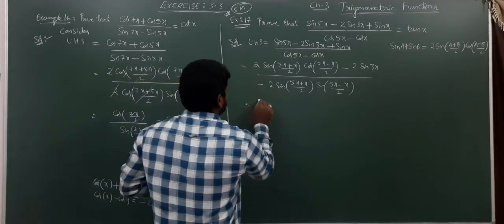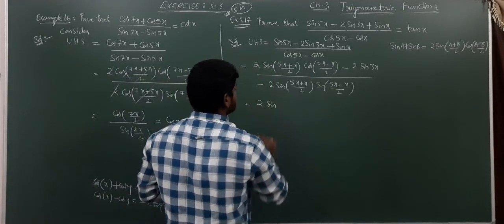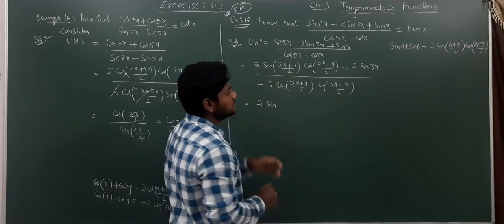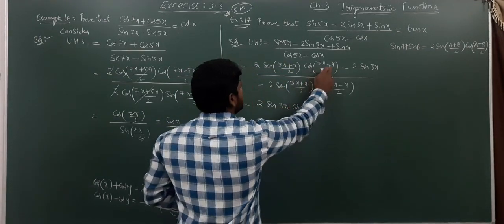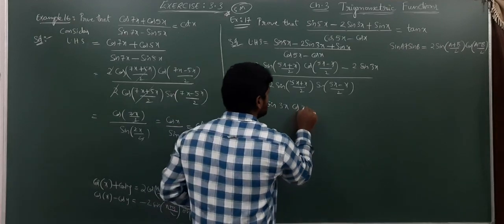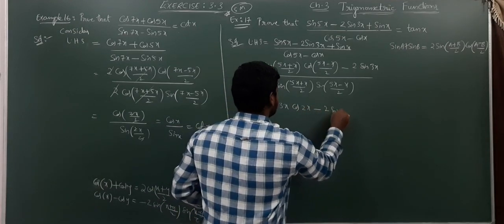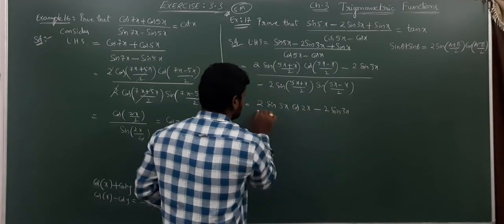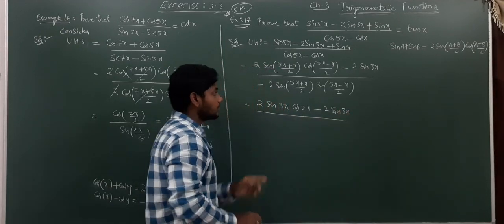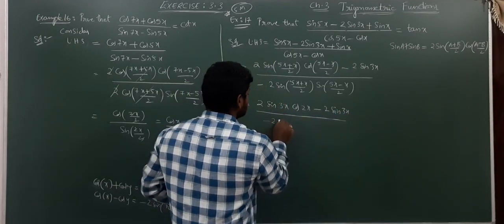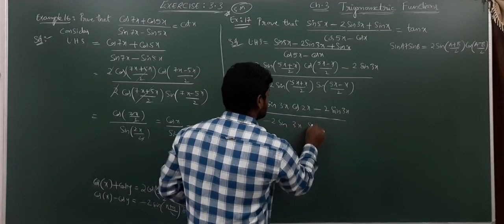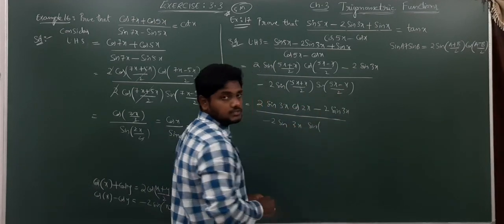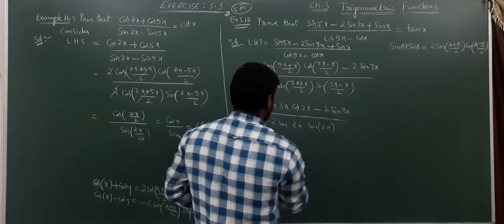So this is 2 sin of 5x plus x, 6x by 2 is 3x, into cos of 5 minus 1 is 4, 4 by 2 is 2x, minus 2 sin 3x, whole divided by minus 2 sin 3x, into sin of 5x minus x is 4x, 4x by 2 is 2x.